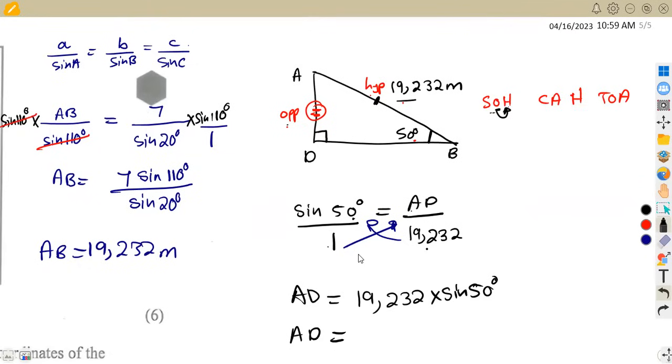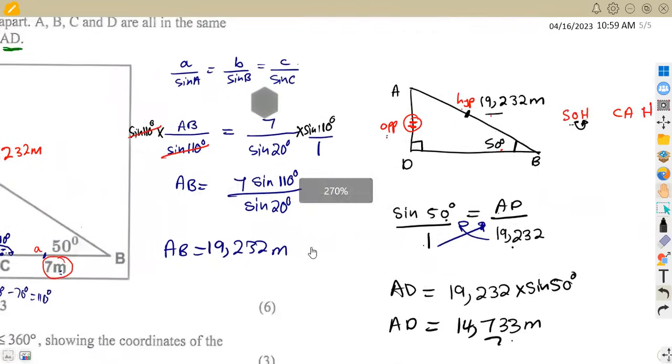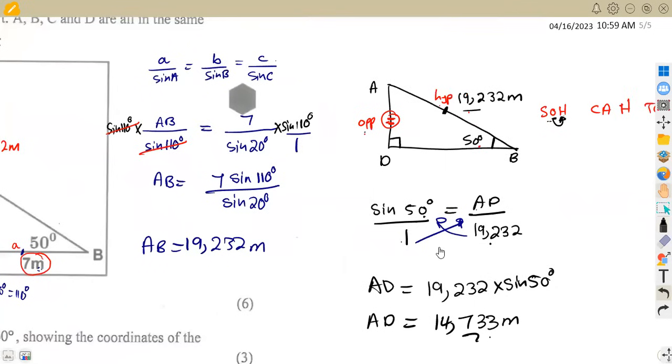If we calculate it properly, this is going to give us 14.732566 and so on, which is 14.733 in meters. All right, so this is our value for AD in this case. So that was it for 6 marks. You're supposed to apply the first part, the sine rule, then you apply the trig ratios.